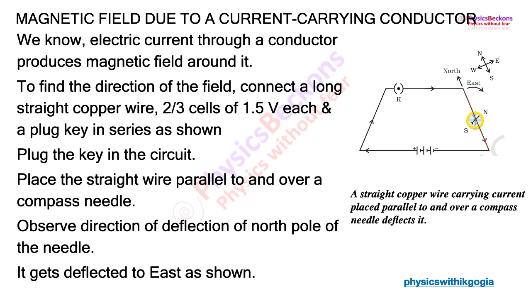The north pole will go towards east as indicated by the arrow. See the red compass, it is moving towards the east direction, that is, in this particular setup with current flowing from north to south and the conductor held over the compass, the north pole goes to the east direction.